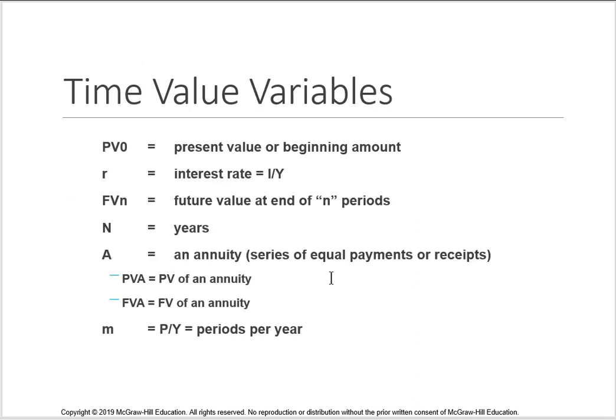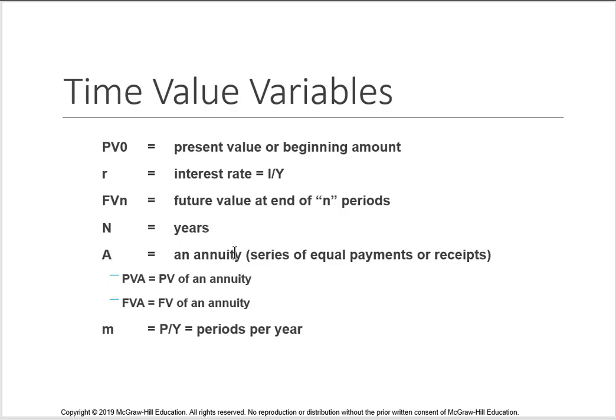So if you look at time value, we have just a few variables. PV0 is the present value or the beginning amount. R is the interest rate, typically stated as I divided by Y. That's interest rate per year. FV subscript N is the future value or the ending amount that occurred over N periods. N is the years.